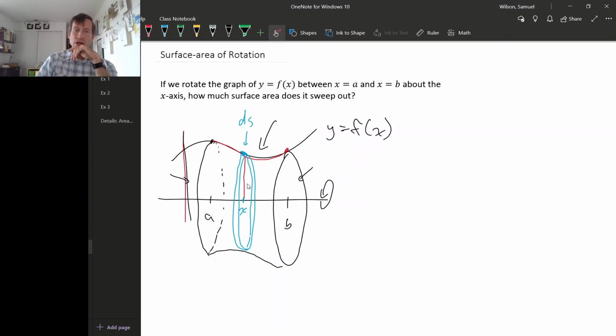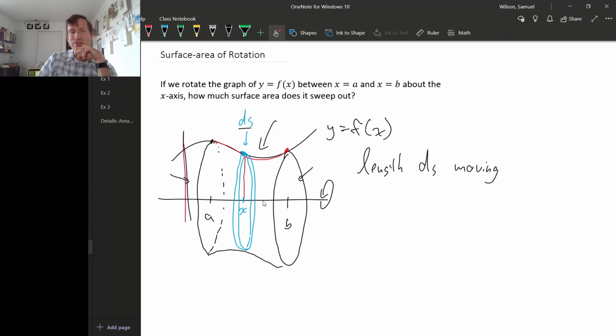For a good first guess on how this should work, we have this very tiny bit of arc length, which has length ds, and it's moving. How far is it moving?